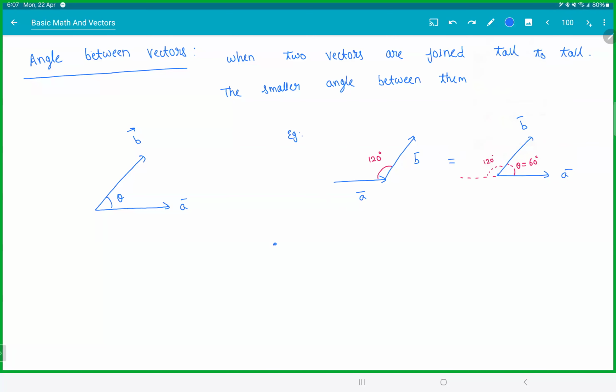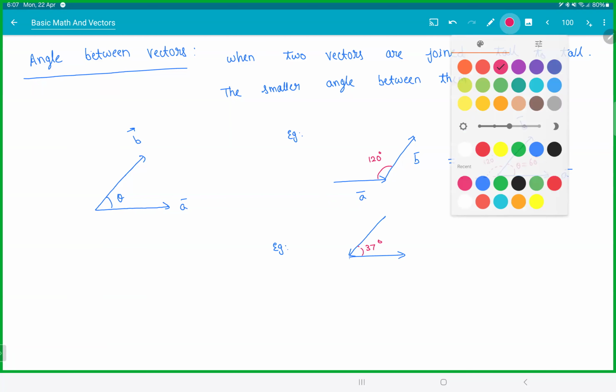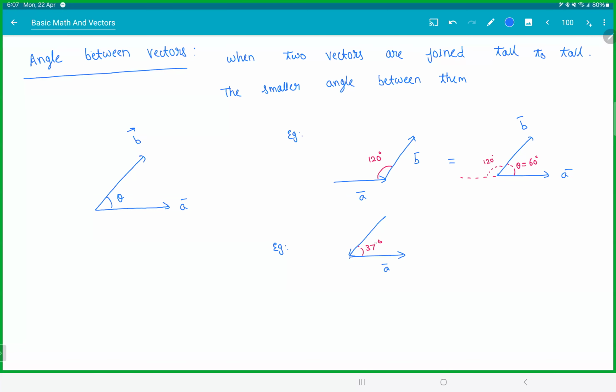Now, if I give you one more example, let's say this angle is 37. Can you tell me what is the angle between the vectors? Got an answer?